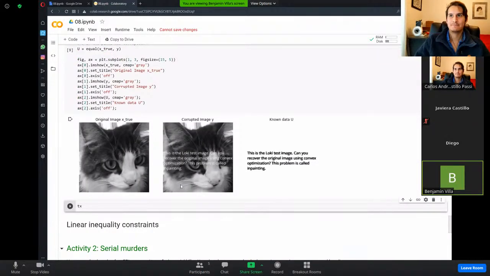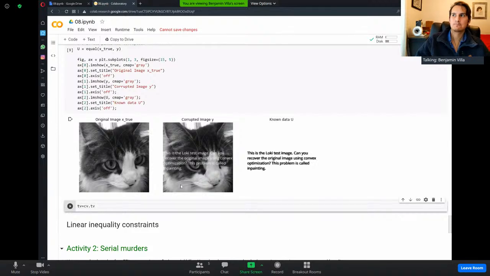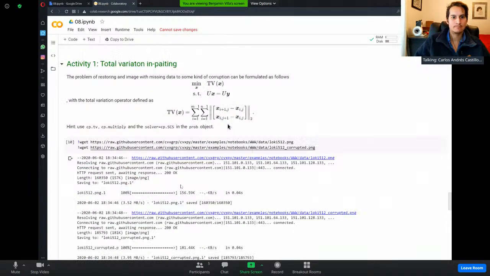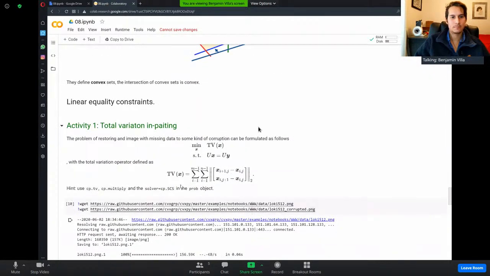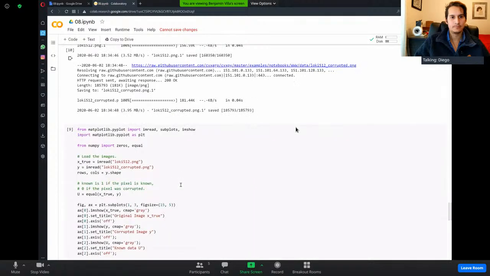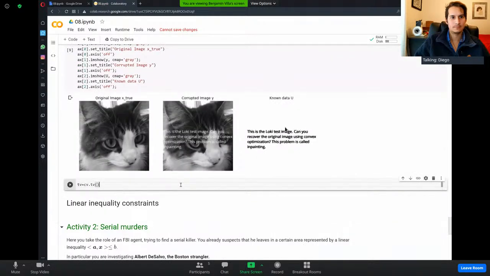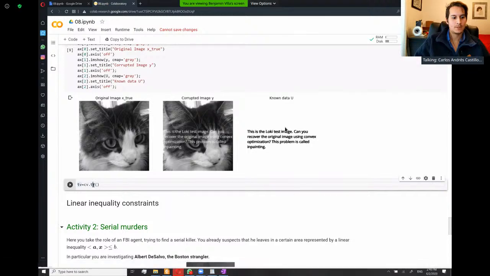Entonces, TV va a ser cp.tv. Sí, TV de... ¿Cómo se hacía con Google Colab? ¿Ver las ayudas? ¿Poner el mouse arriba, no? Shift tab. Or control space, I don't remember exactly. Control space maybe?